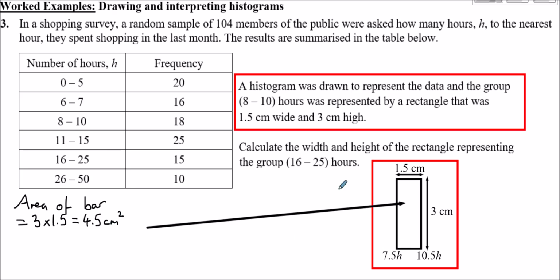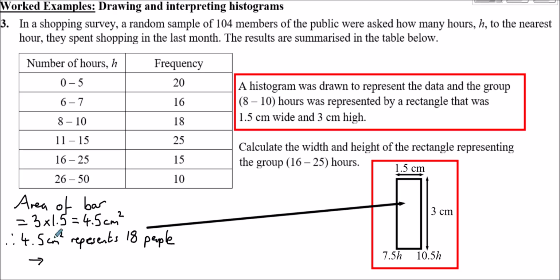And this bar, for the 8 to 10 category, represents 18 people. So if 4.5 centimetres squared represents 18 people, we can work out how many centimetres squared represents one person.